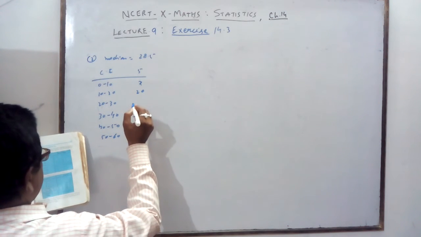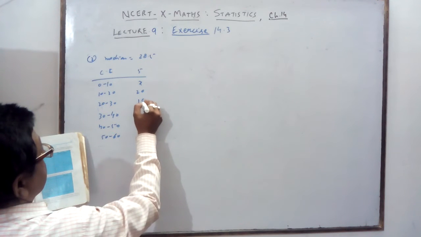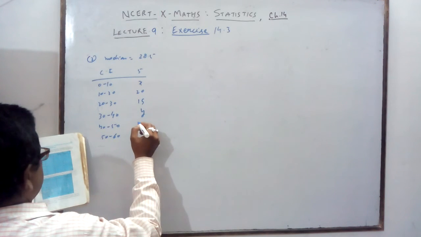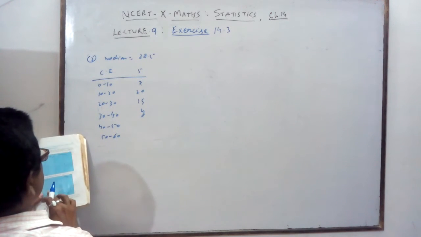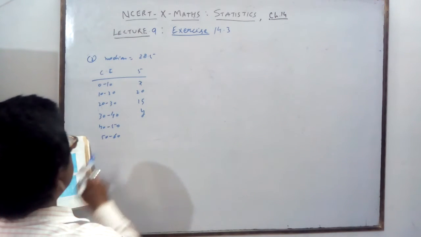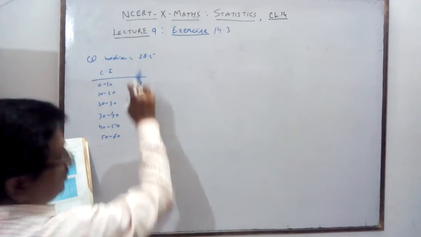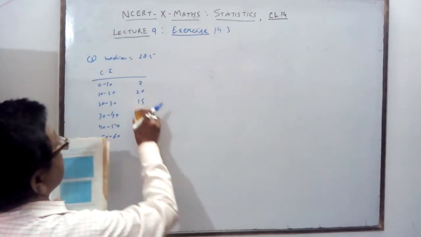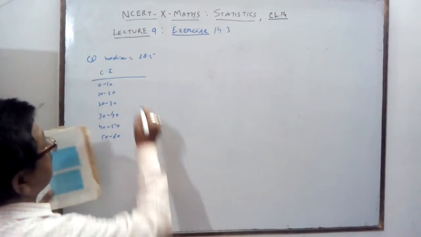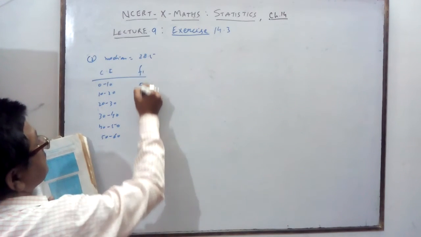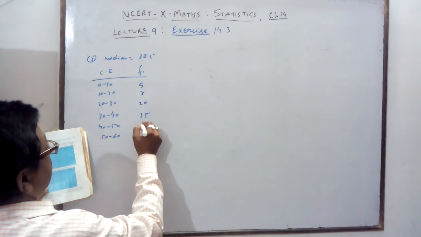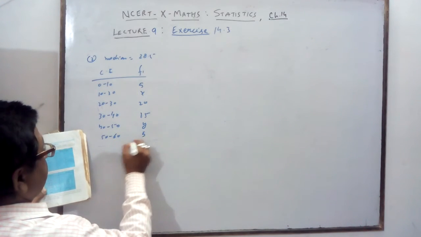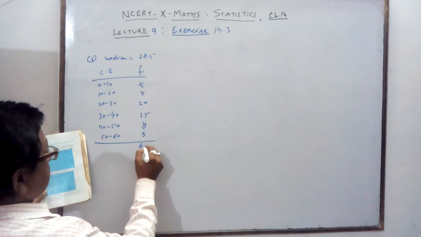Oh, it is wrong. I have written here. It will be frequency 5, x, 20, 15, y, 5, and total is given 60.